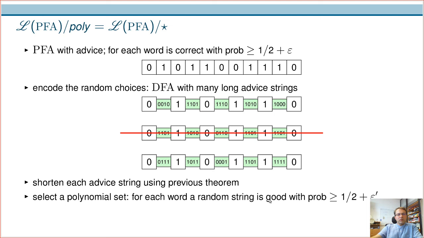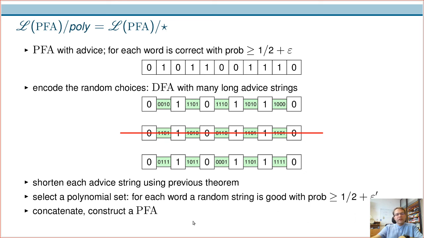So what we have now is a polynomial set of strings such that for each word, if we pick a random string from this polynomial set, it will be good for our finite automaton to accept or reject. And finally, we can construct again a probabilistic automaton in a way that we just concatenate all these polynomial strings.